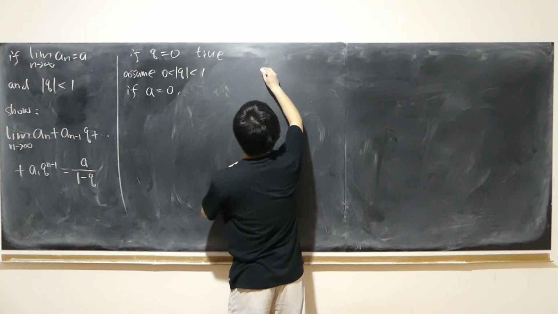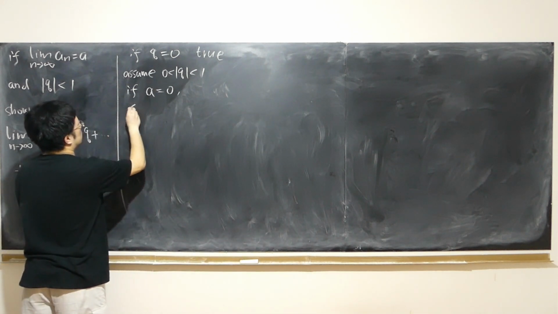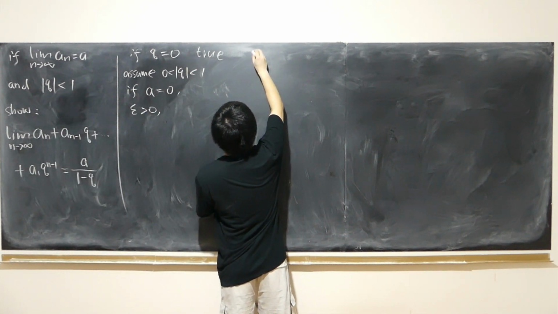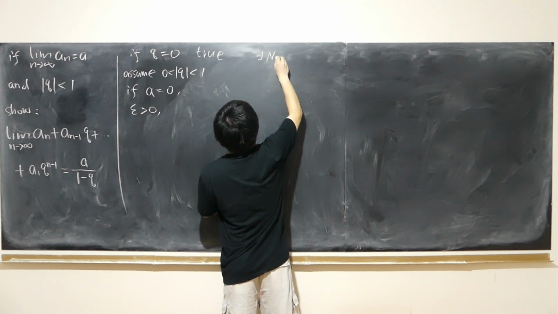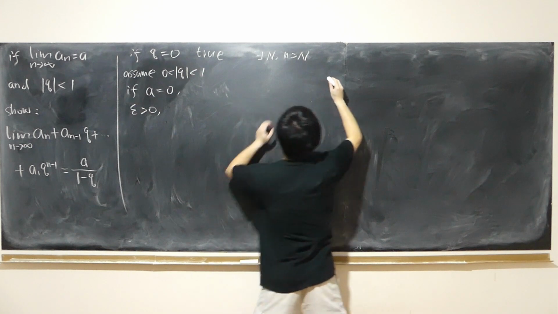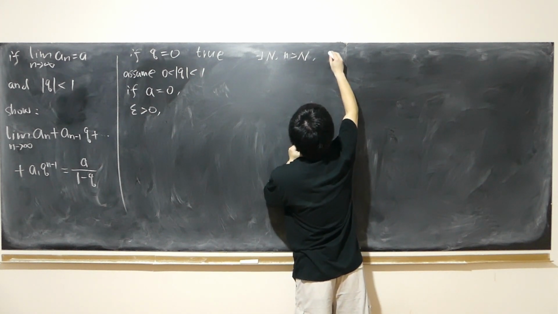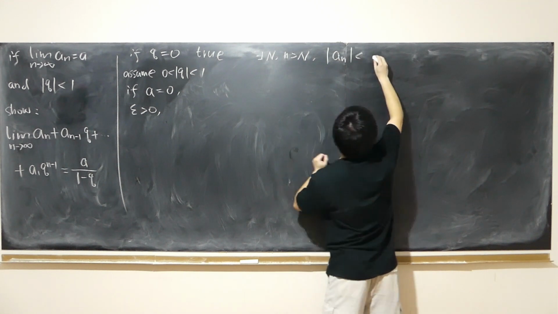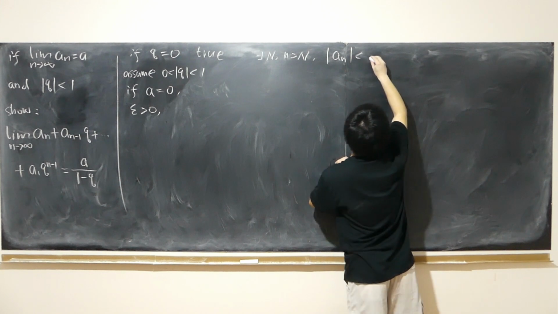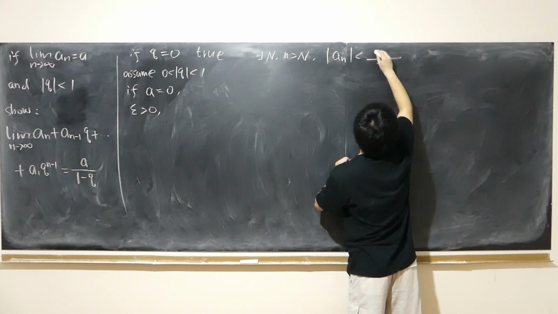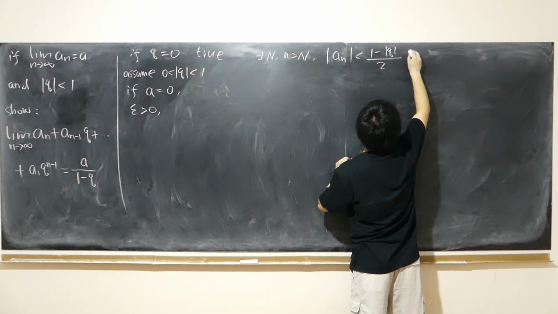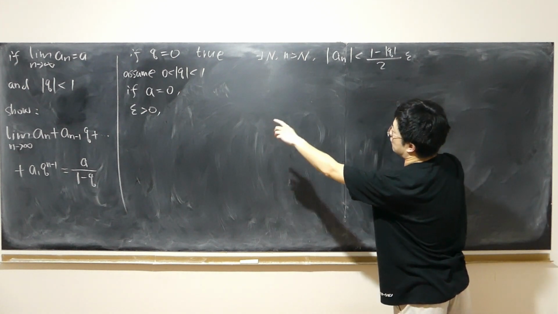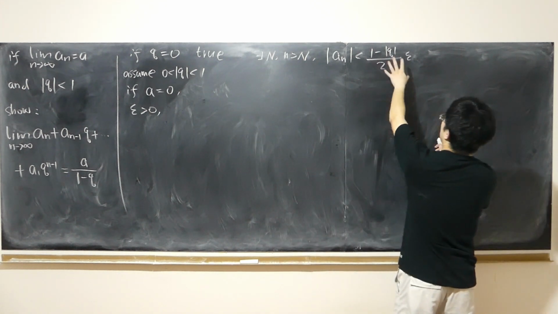Then I say, for any epsilon that's bigger than 0, there must exist a capital N, where as long as small n is bigger than capital N, I can always have the absolute value of a_n minus 0 be less than half of 1 minus the absolute value of q, times epsilon. Right, this is always doable, because that's the definition of the limit of a_n, as long as the limit is 0, it can be smaller than this.